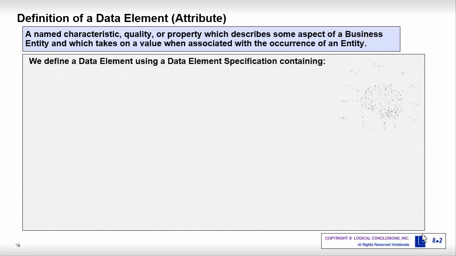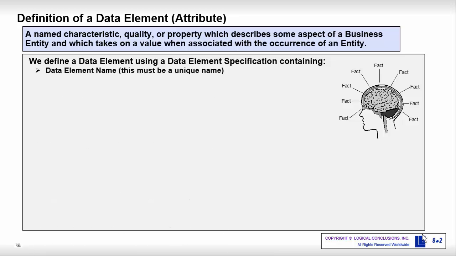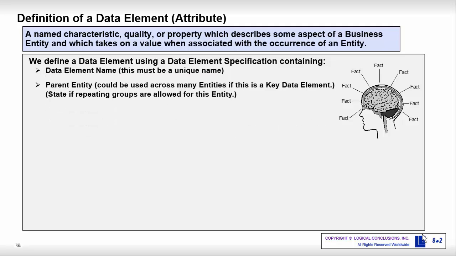We define a data element using a data element specification containing the data element name, this must be unique, parent entity, could be used across many entities if this is a key data element, state if repeating groups are allowed for the parent entity. Remember we talked in the entity section that a dependent entity could be a repeating group in its parent entity.